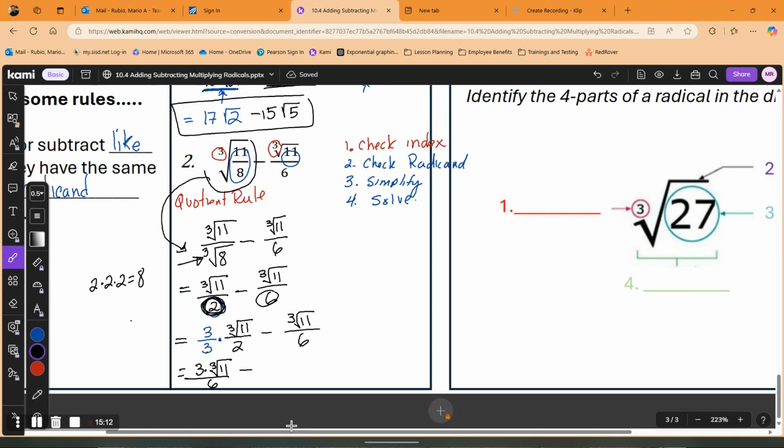Minus, and there's no coefficient here, but we can assume that there's a little 1 invisible there, cube root of 11 divided by 6. And now I can say 3 minus 1 is 2. I've got the cube root of 11 on the numerator and then 6 on the bottom.